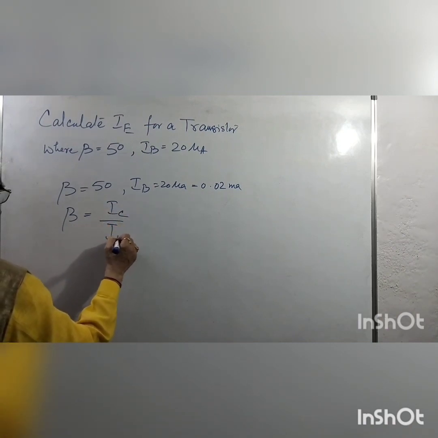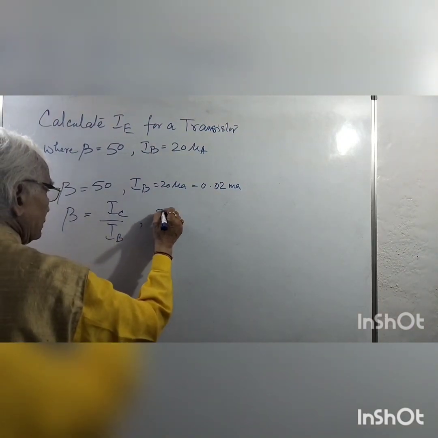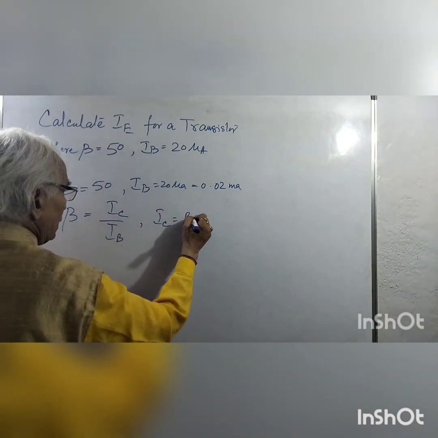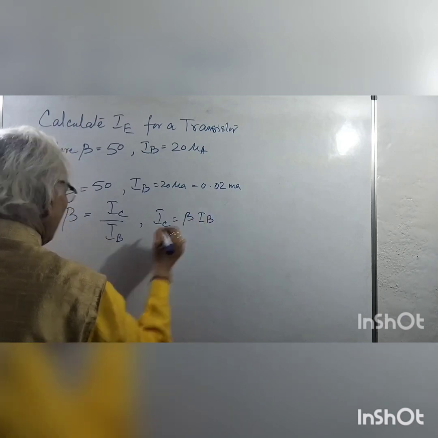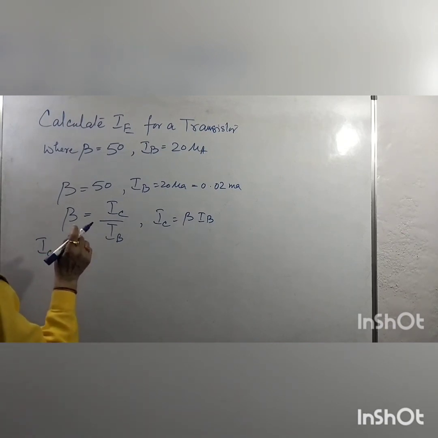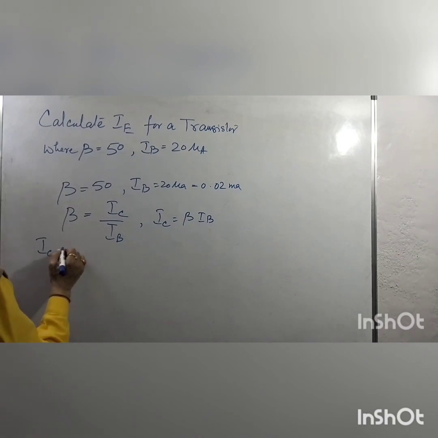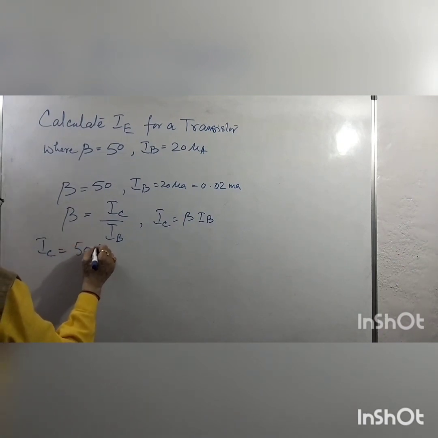Beta is equal to, as per definition, IC over IB. Delta IC over delta IB, so this is simply IC over IB. And IC is equal to beta times IB. Beta is 50, IB is 0.02. So beta times IB means 50 into 0.02.